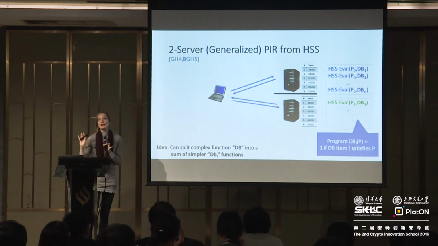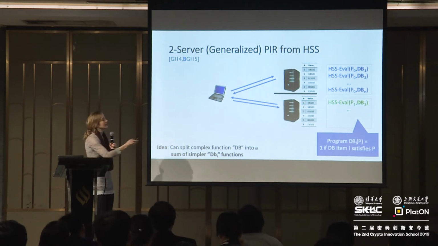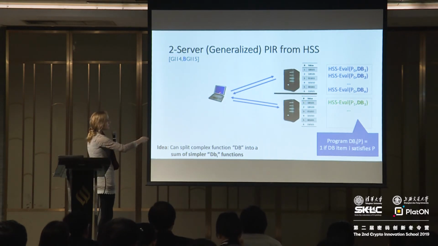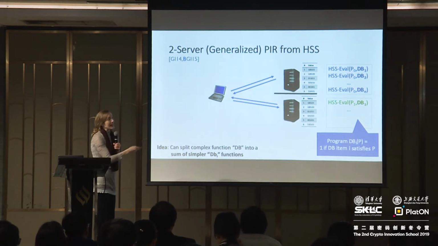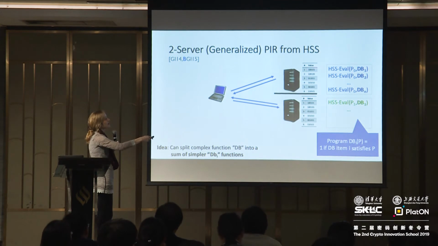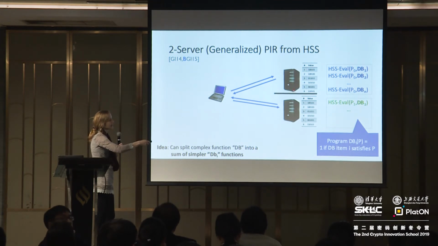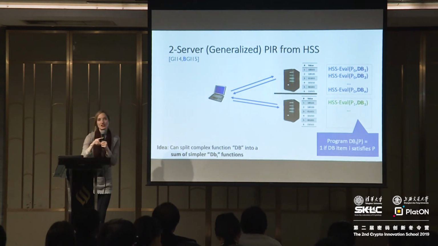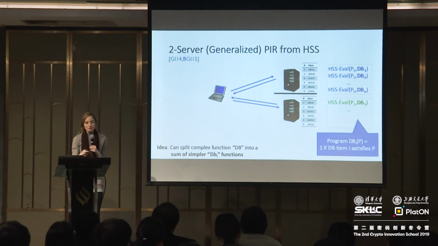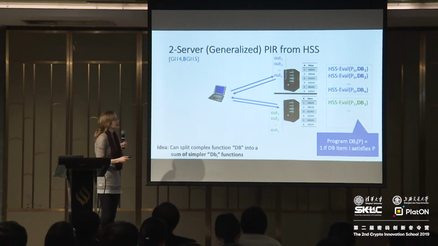Again, we're not actually going to learn these values, but for now, you'll again send homomorphic shares of the predicate p. And now we're going to homomorphically do n separate evaluations, one for each of the database items. Okay. So what does this give us?